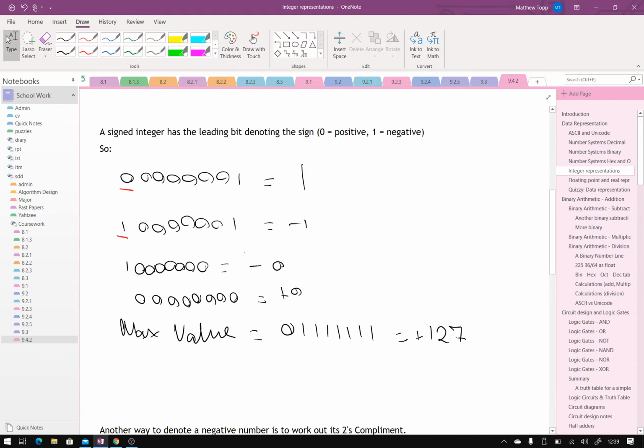So the minimum value I can render, 1, 1, 1, 1, 1, 1, 1, 1, equals minus 127. Okay? So the biggest value you can make is actually not the biggest number you can create, if that makes no sense whatsoever. Just remember that leading bit there is a sign bit and 1 is negative.